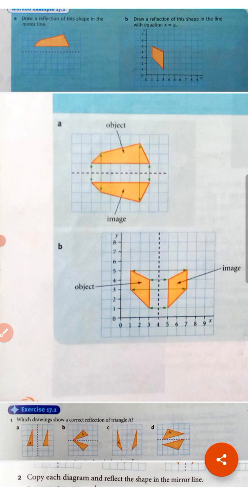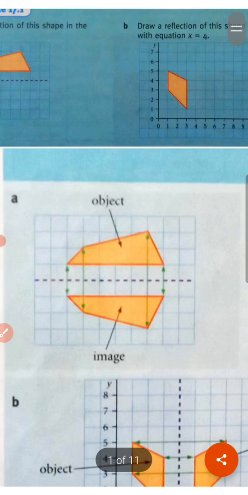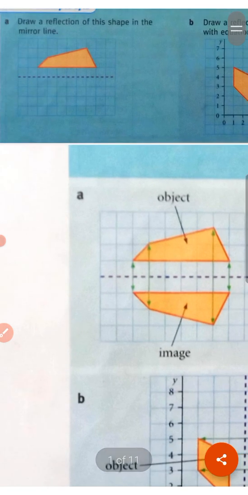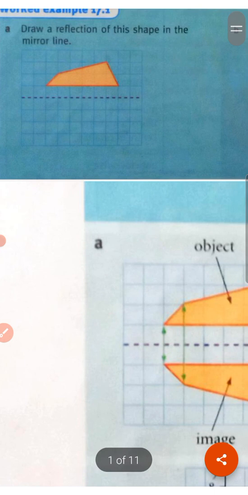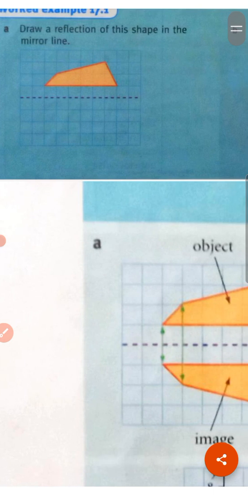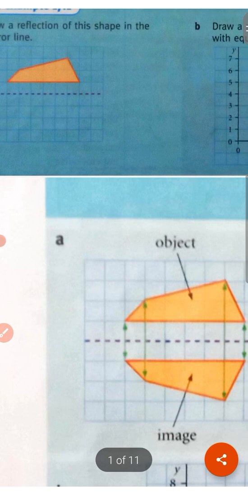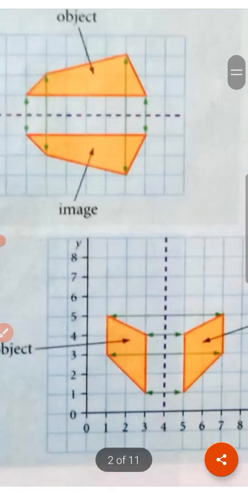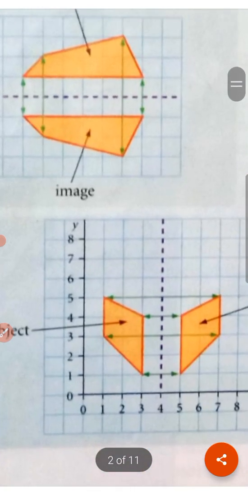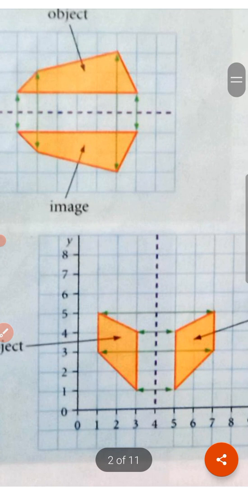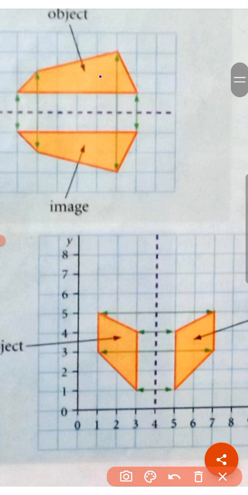Now we are going to draw the reflection of the given shape. This is a given shape. Draw a reflection of this shape in the mirror line. This is the object and this is the image.